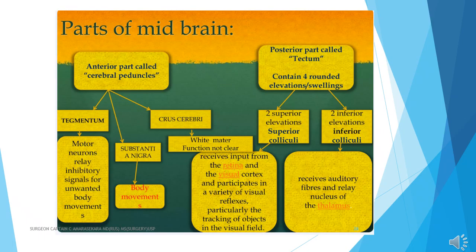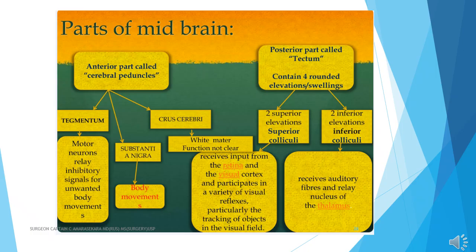So now let's go to the core features of the midbrain, the mesencephalon. It's located between the pons and diencephalon, 2.5 centimeters long, and functions as a relay for impulses between the brain and spinal cord, as we discussed earlier.